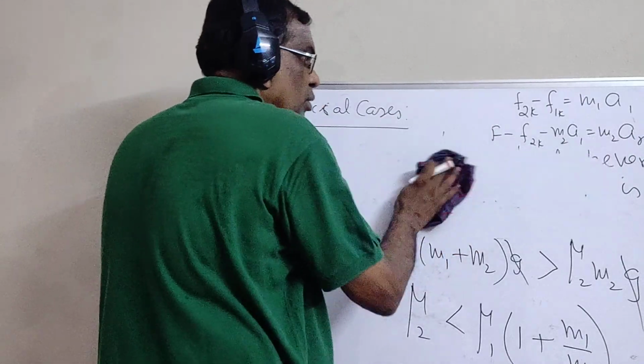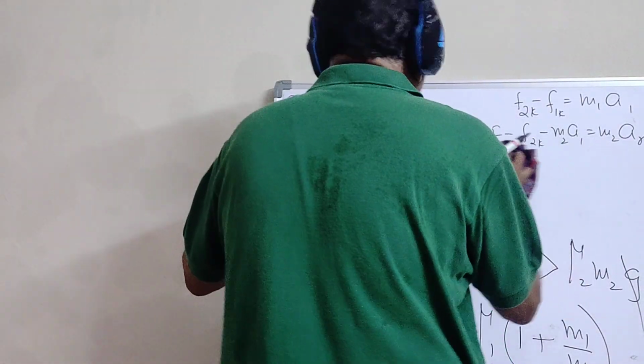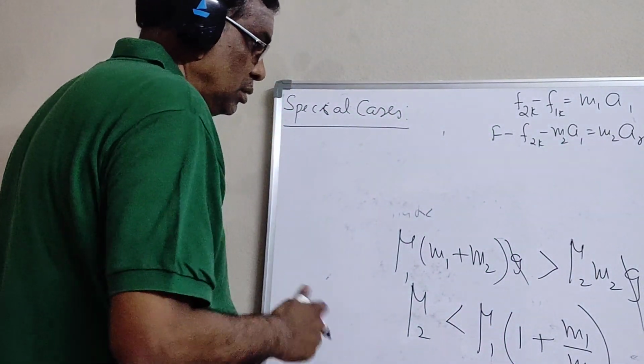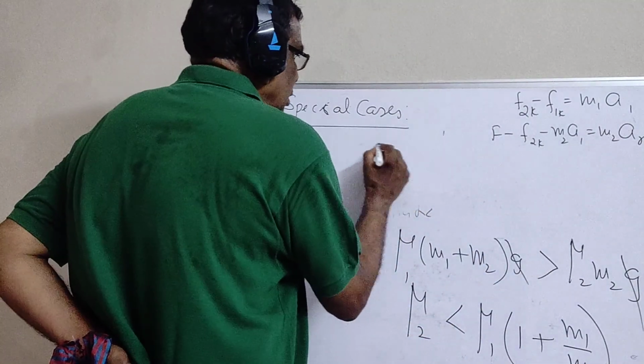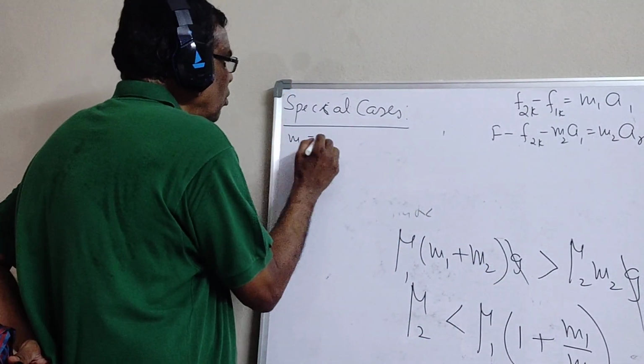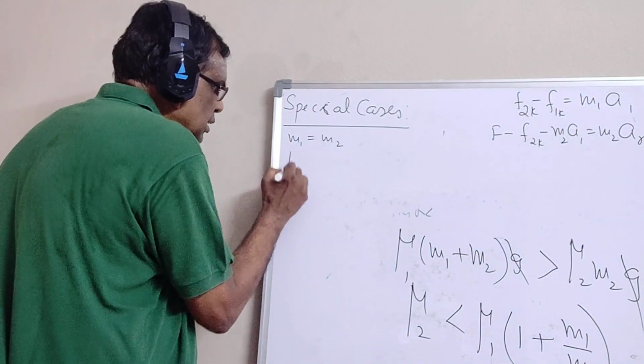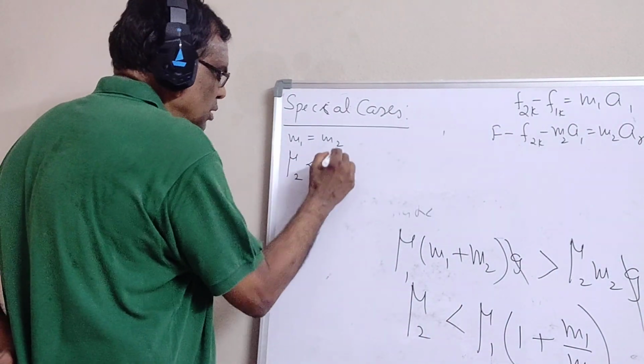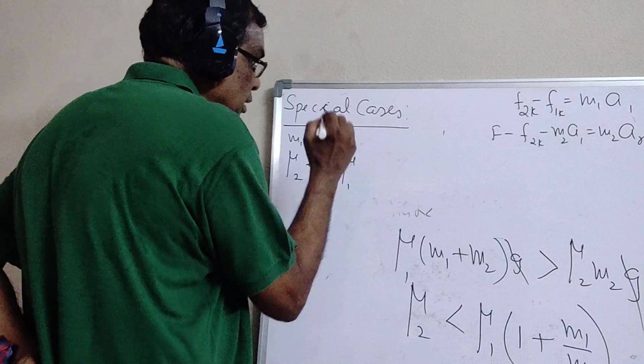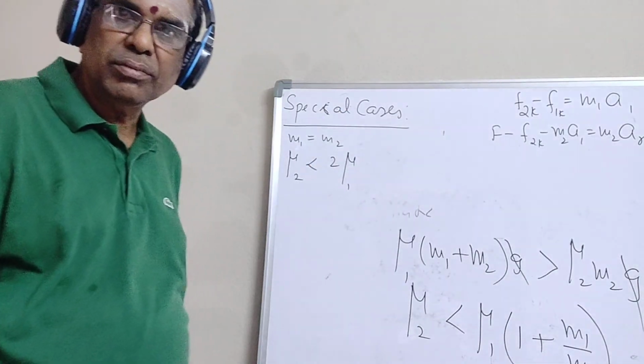Now, suppose I am taking M1 is equal to M2. Then what is this condition? mu2 must be less than 2 mu1.